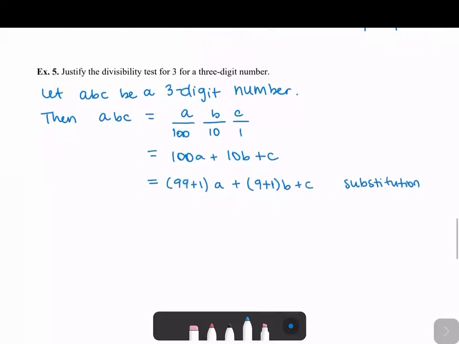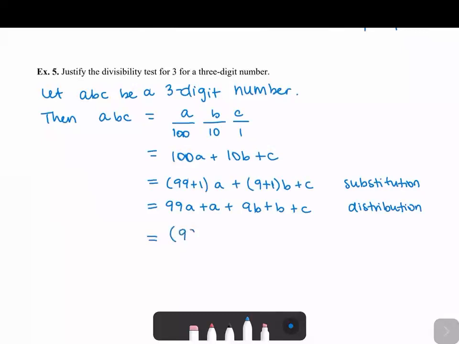And so now we can use our distribution. So this is 99A plus 9B plus B plus C. And this is using distribution. And then we regroup. We use the associative property.